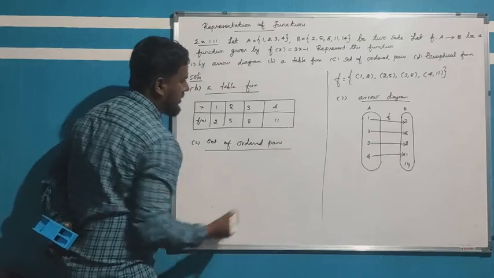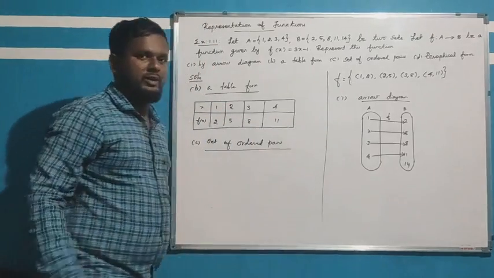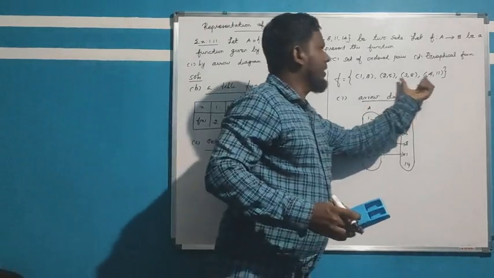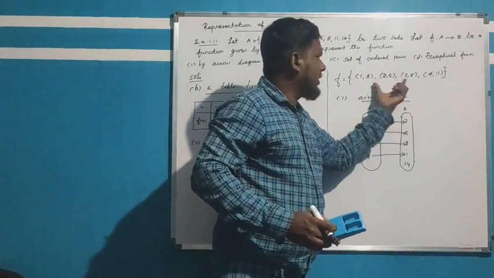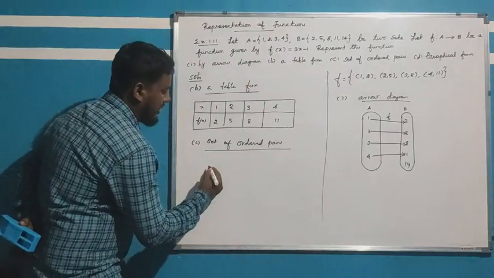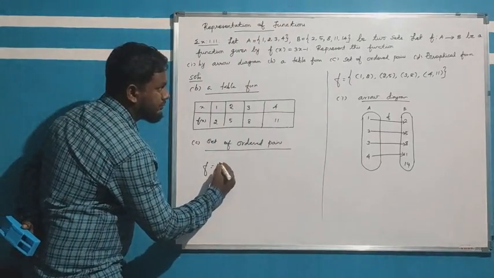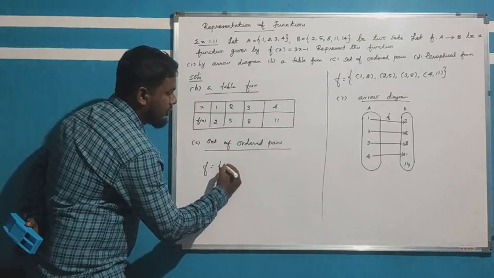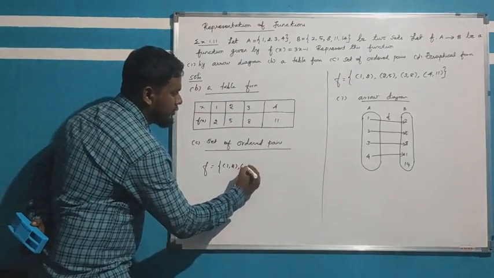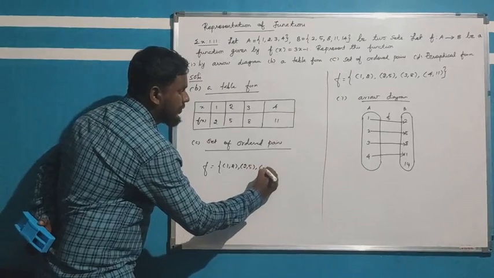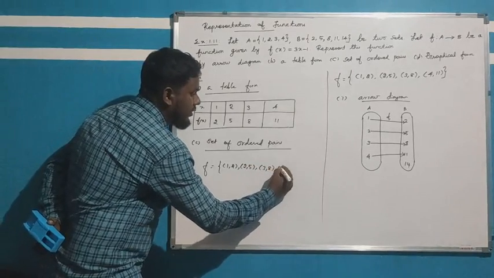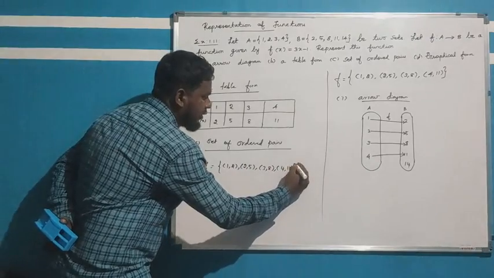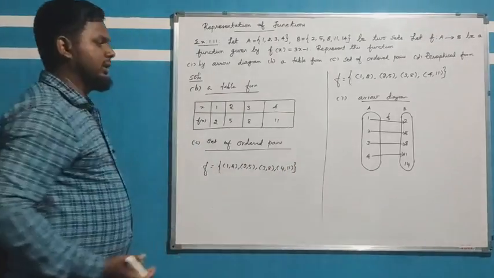The set of ordered pairs means this function written as a set of ordered pairs. So function f is equal to {(1, 2), (2, 5), (3, 8), (4, 11)}. Now this is the set of ordered pairs form.